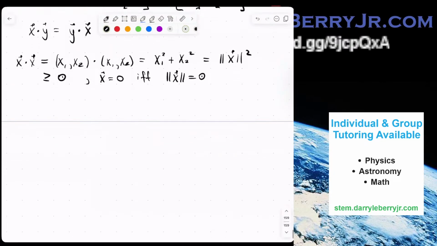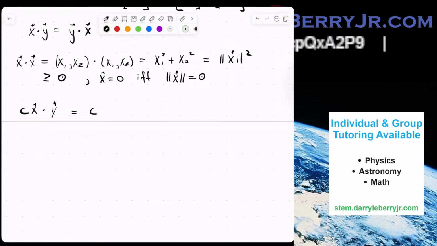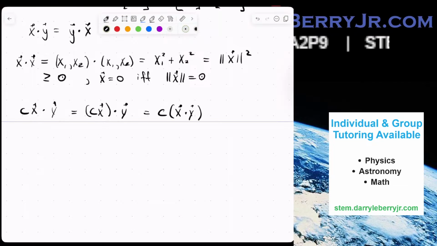Right? So we sort of looked at the scalar before in another context. So the scalar c times x dot y equals the scalar times the whole thing dot y.